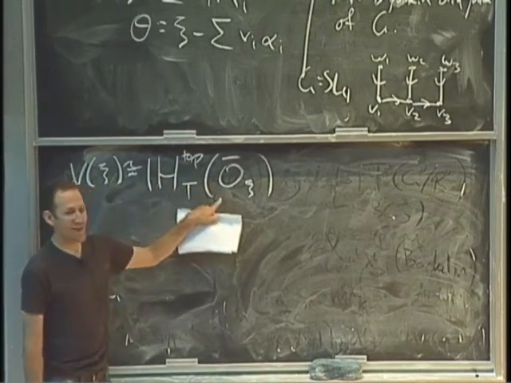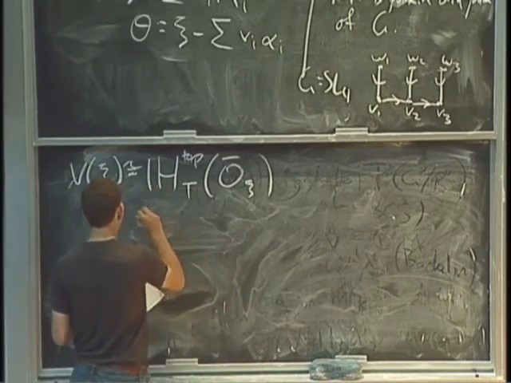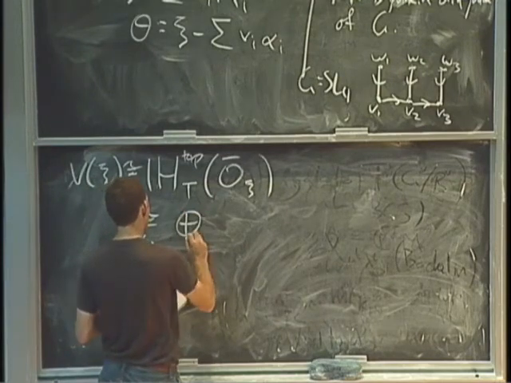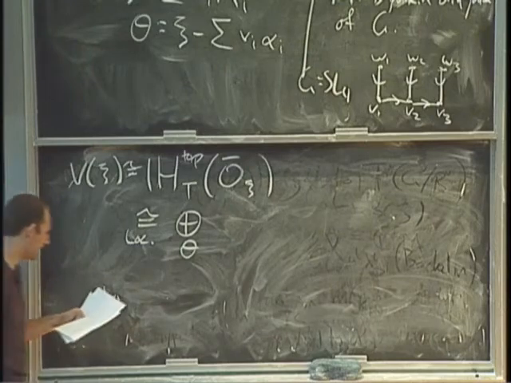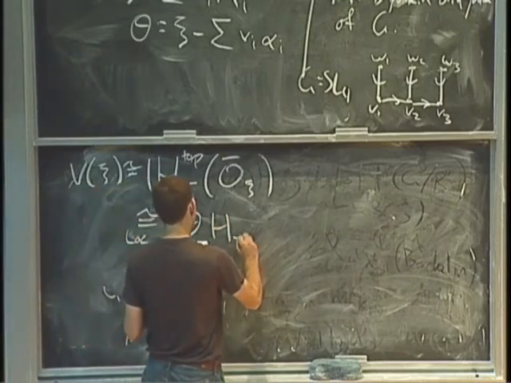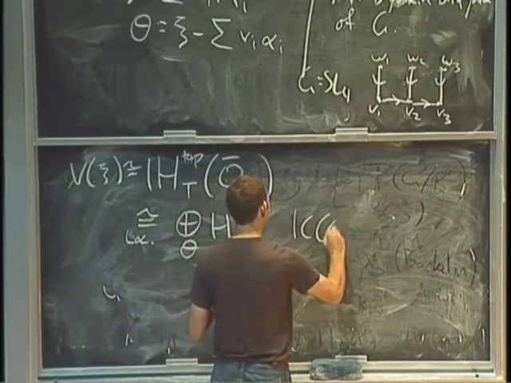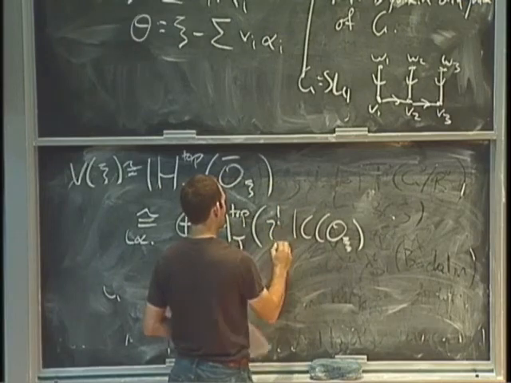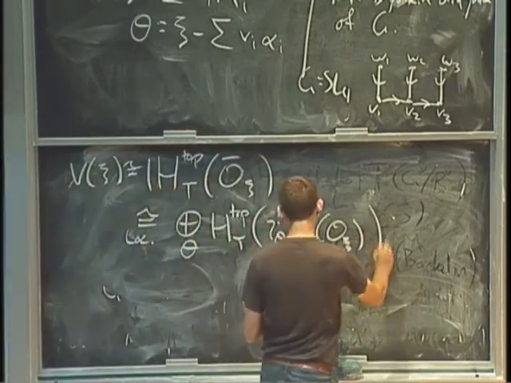An equivariant cohomology group we can localize to the fixed points. So this is isomorphic via localization to the direct sum over all fixed points. So remember, the fixed points are indexed by thetas, of the top equivariant cohomology of, now I want to take the IC sheaf and I want to pull it back, so just take the shriek restriction to the theta fixed point. Okay.